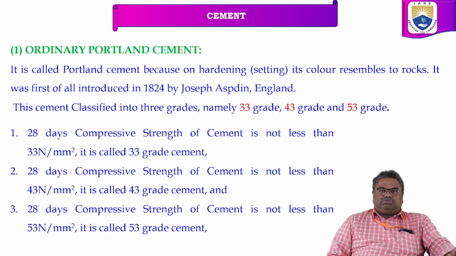If it is 43 Newton per mm square, then it is called 43 grade cement. If it is 53 Newton per mm square, then it is called 53 grade cement. So 33, 43, 53 represent the compressive strength of the cement.